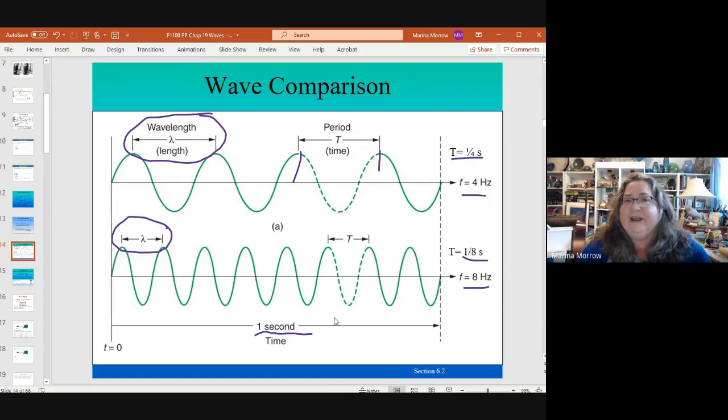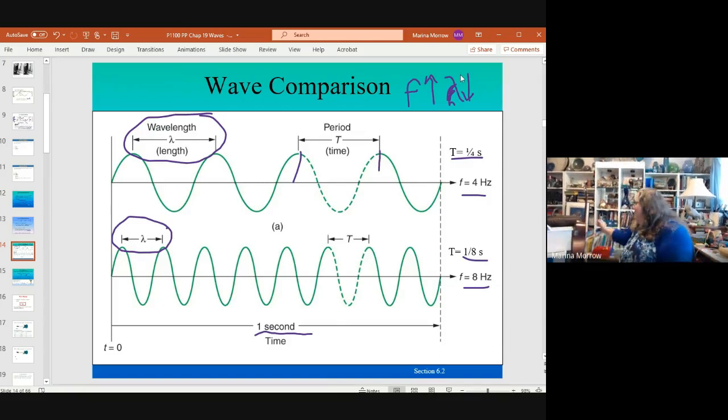If waves are traveling at the same speed, then as the frequency goes up, the wavelength goes down. So that's an important relationship to have in your brain. And that's supposed to be a wavelength. The pin's not cooperating. There we go. Okay, so frequency up, wavelength down, and vice versa. Frequency goes down, wavelength goes up.